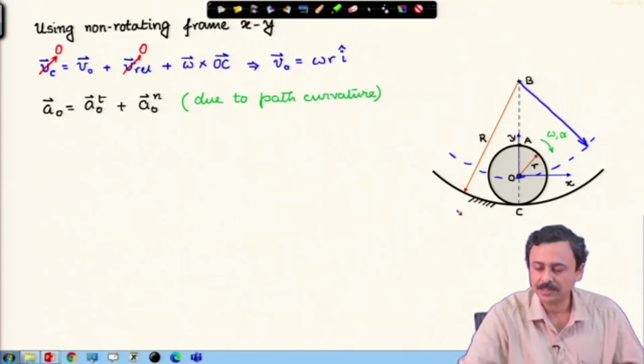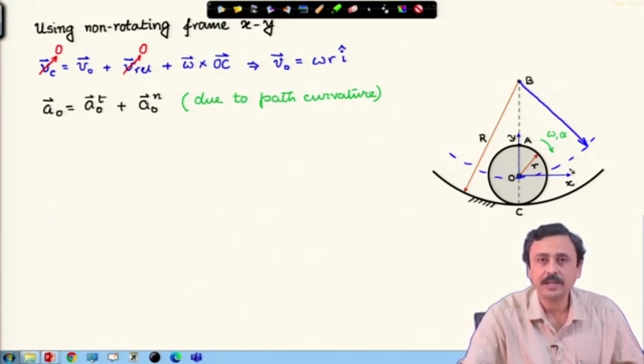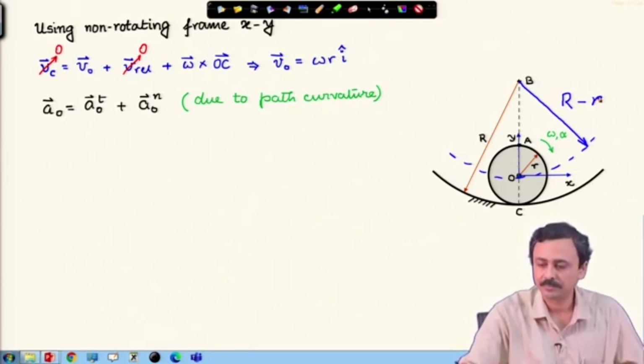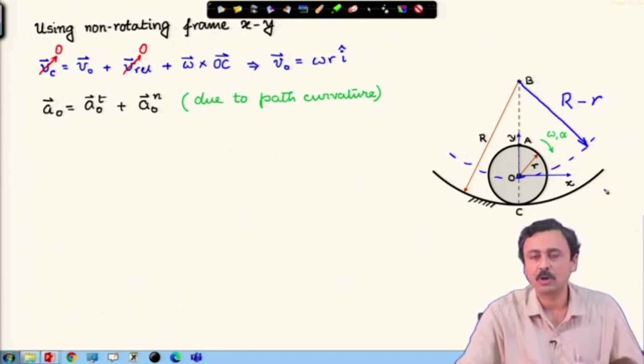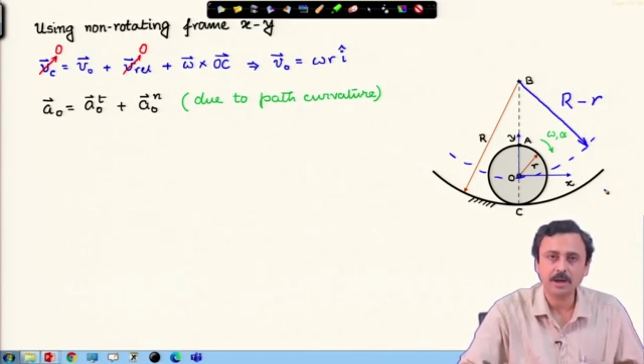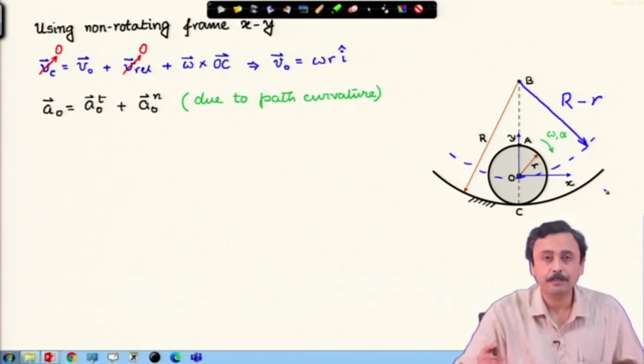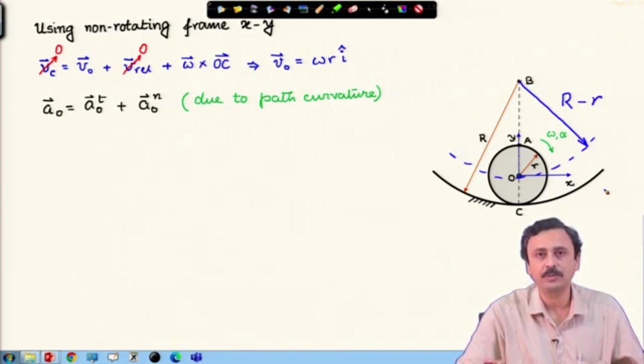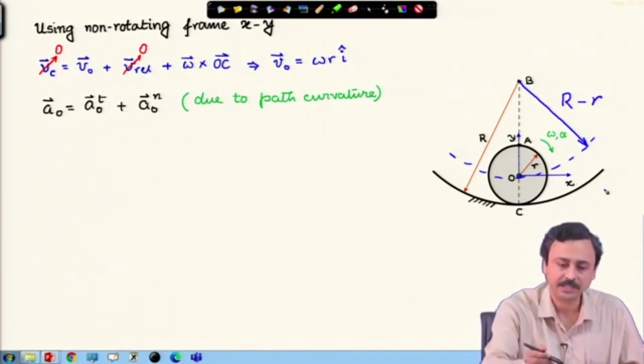This capital R is the curvature of the track, and the path of O, the center of the wheel, is this dashed blue curve, whose radius of curvature is capital R minus small r, the radius of the disc. So, the radius of the track minus the radius of the disc is the radius of curvature of the path of O, the center of the wheel.